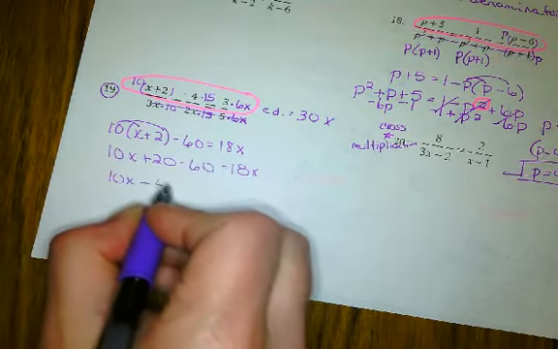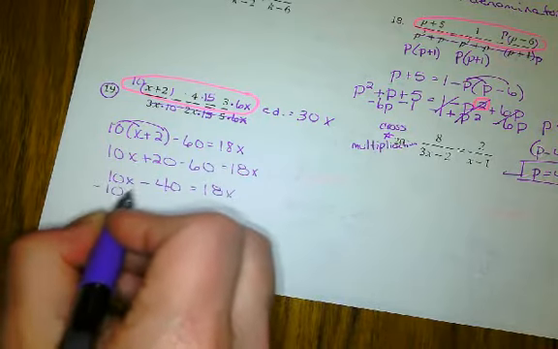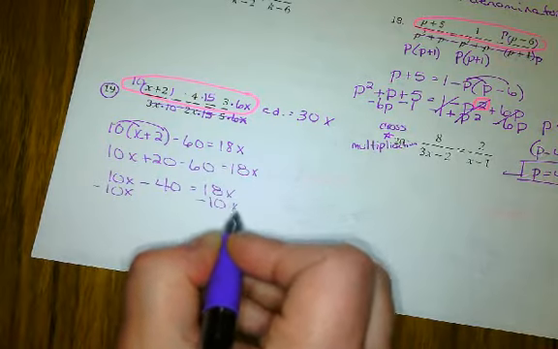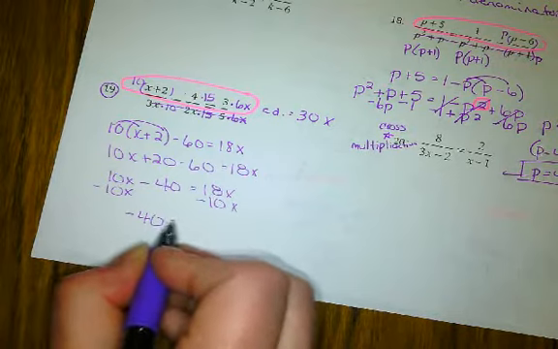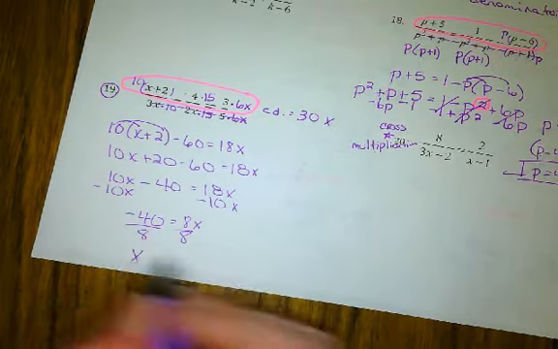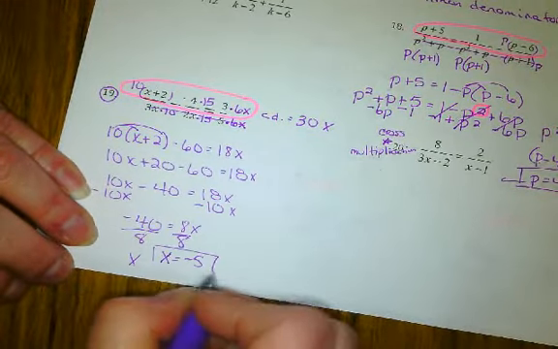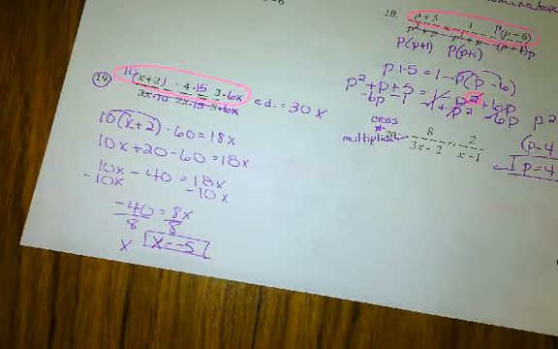That gives me 10x minus 40 equals 18x. I'm just going to keep going here. And, oops, we're off the page. And x equals negative 5.